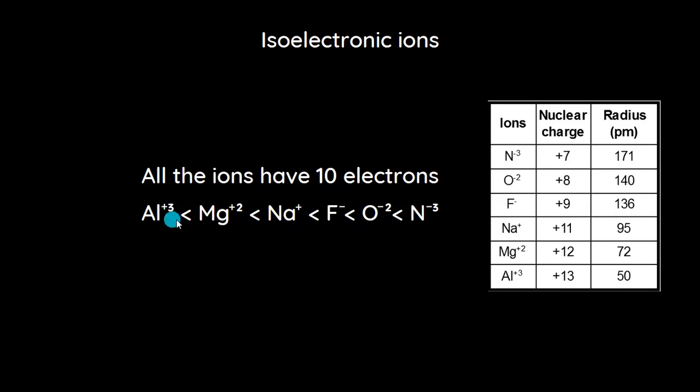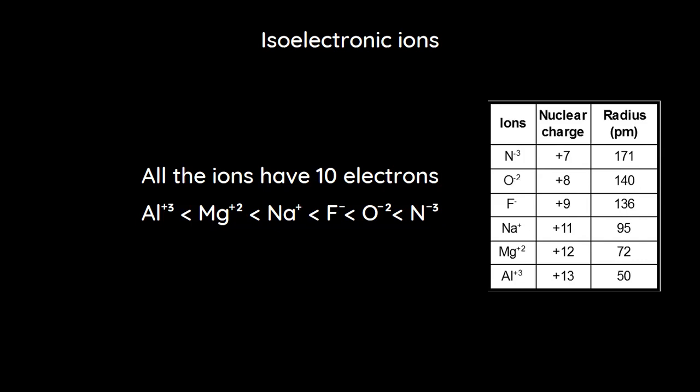So aluminium, magnesium, sodium, fluorine, oxygen, nitrogen, when they are in their ionic form, Al+3, Mg+2, Na+, F-, O-2, N-3, all of these have a difference in the nuclear charge, but they have the same number of electrons. So isoelectronic ions have the same number of electrons, but the effective nuclear charge will obviously vary.